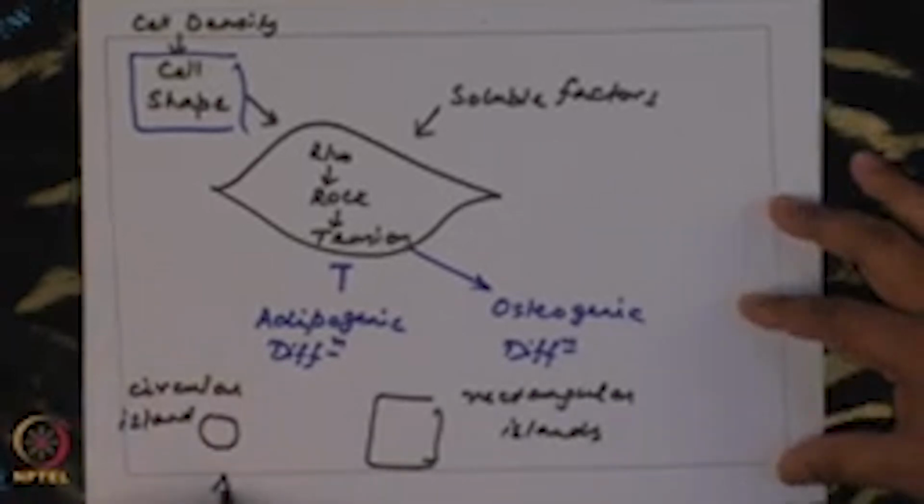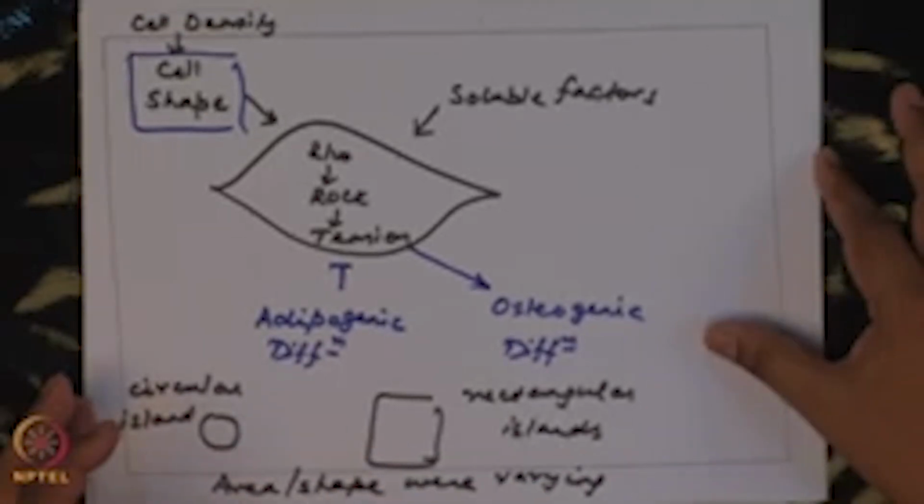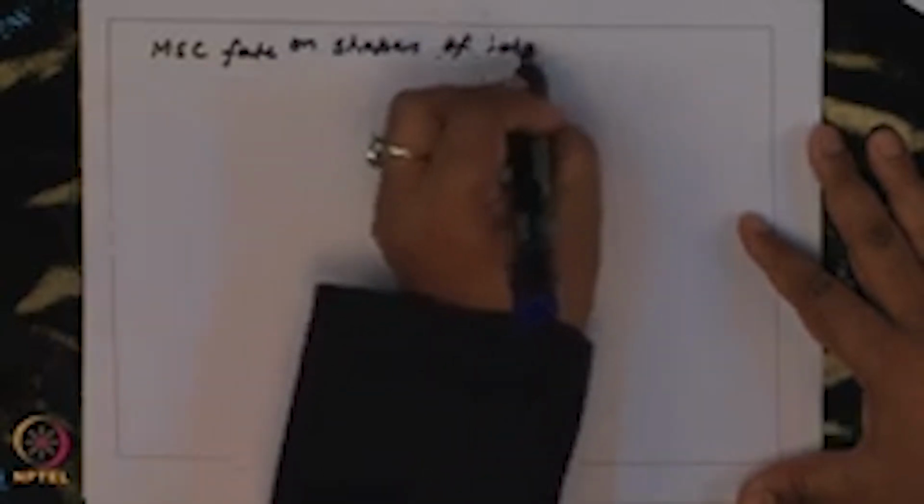Here both area and shape were varying. So, how would you speculate what would happen to MSC fate on shapes of identical cell area?